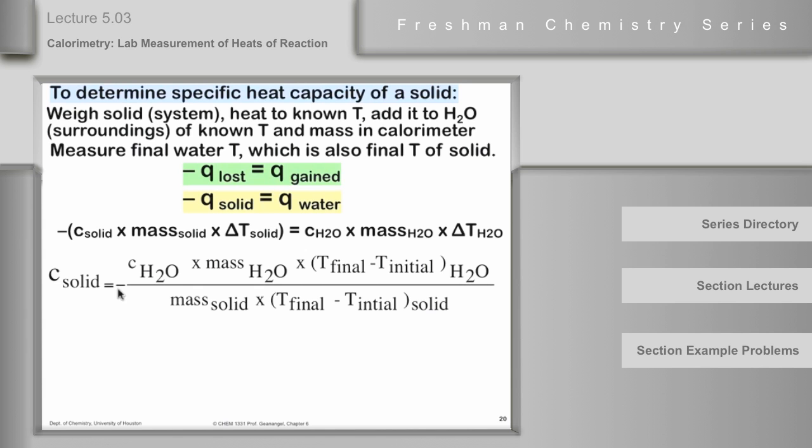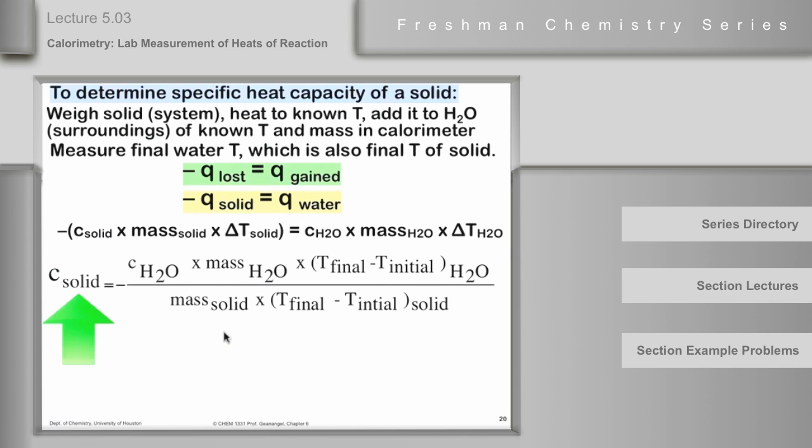To cement this in your memory, let's do an example of determining the C of the solid. A 55-gram piece of metal Z was heated to 99.8 degrees Celsius and dropped into 225 grams of water at 21 degrees Celsius in a cup calorimeter.